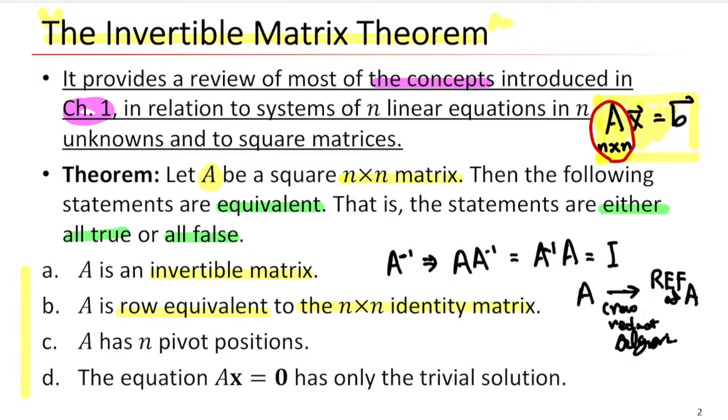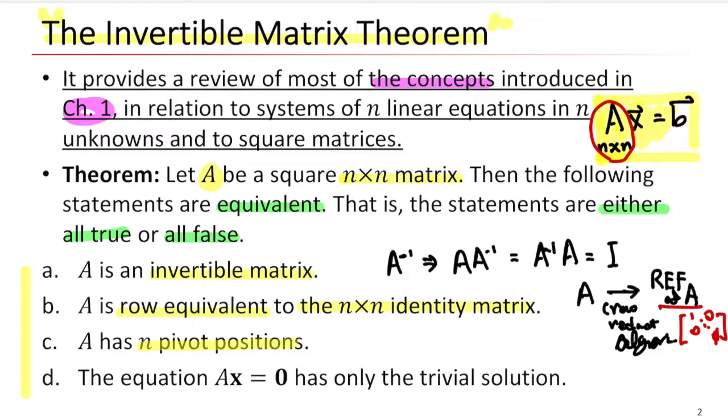So this statement means that A is row equivalent to the n by n identity matrix, meaning the reduced echelon form of the matrix A is the n by n identity matrix. Looks like this.